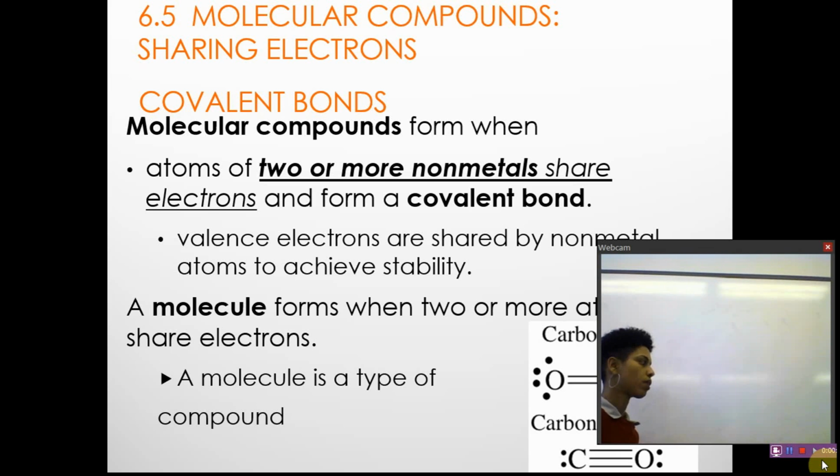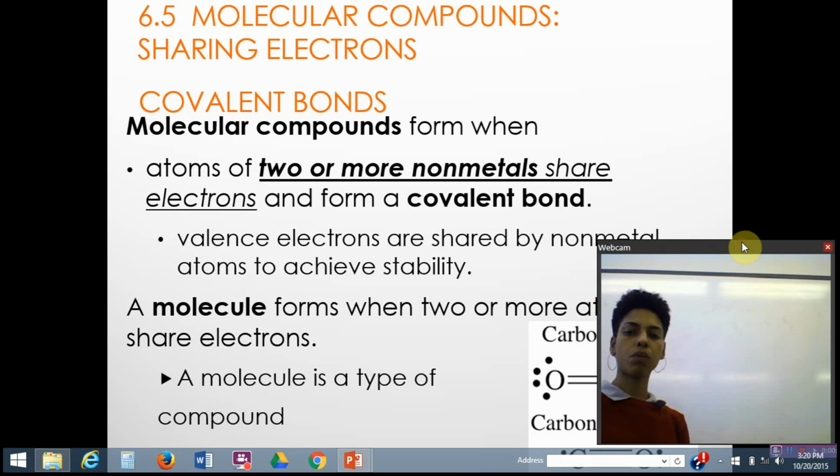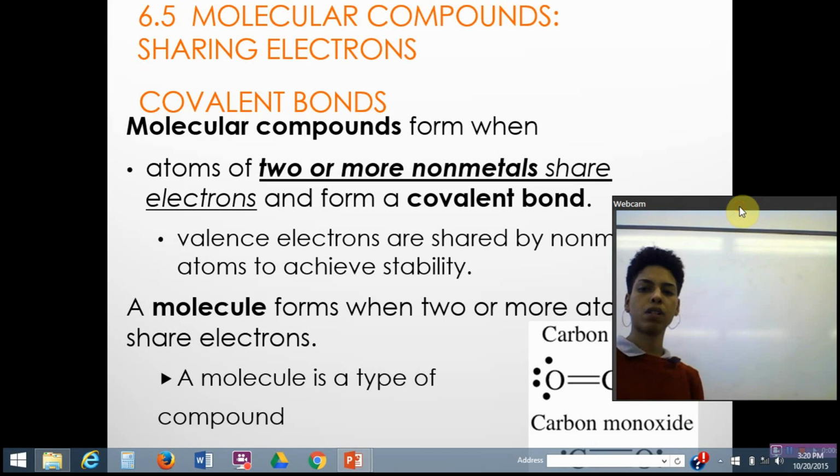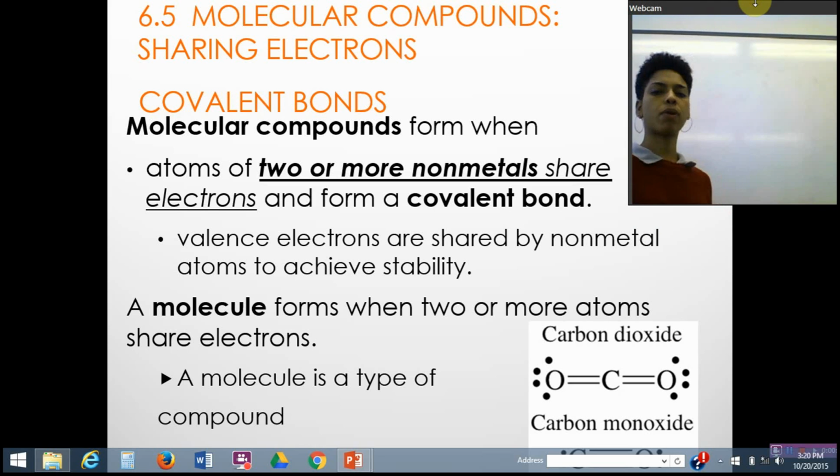Hi students, we left off talking about covalent bonds, and I'm going to briefly go back over these two slides before we move on and take a look at how to name covalent compounds. Covalent bonds are formed when we have atoms of two or more nonmetals.